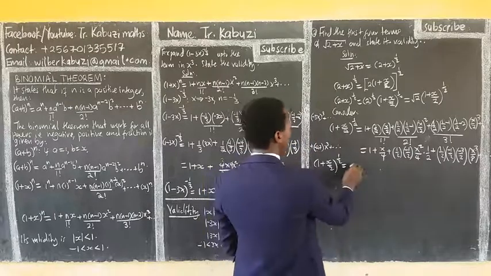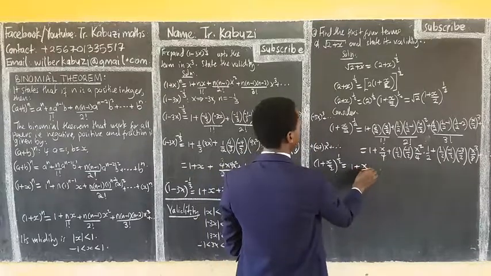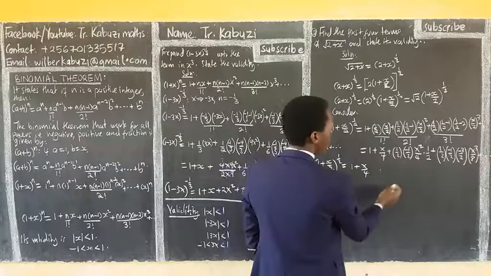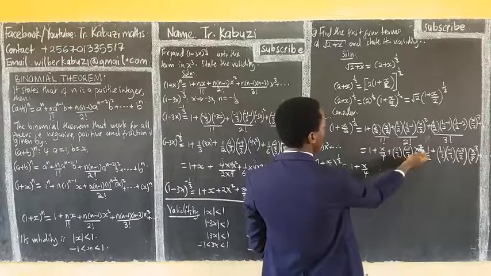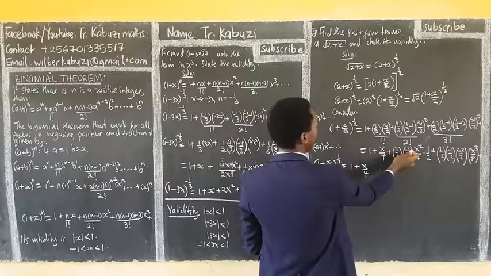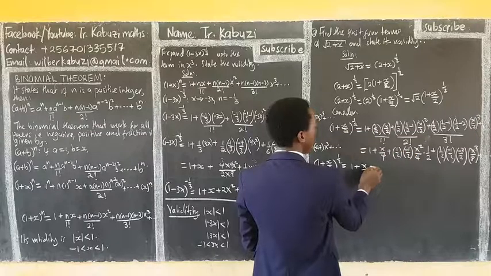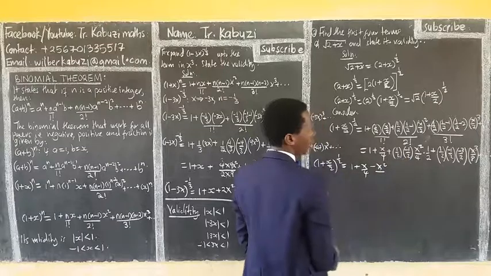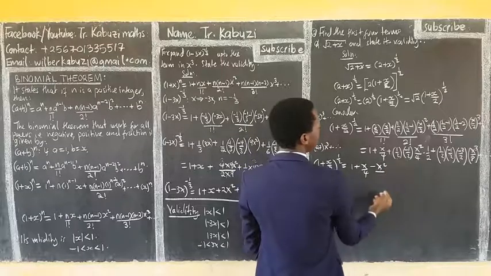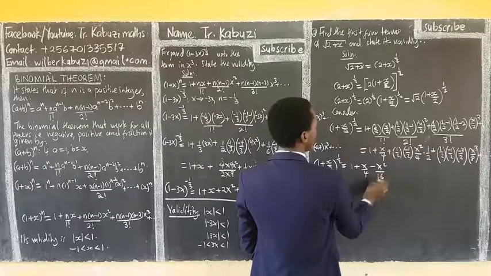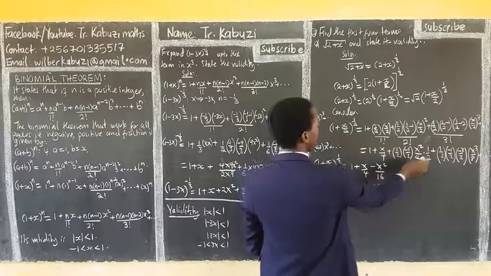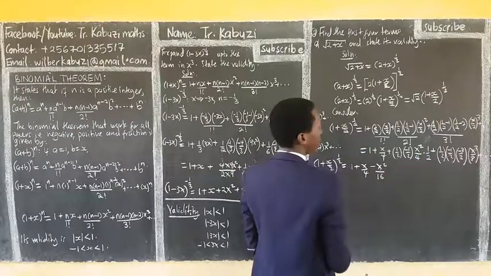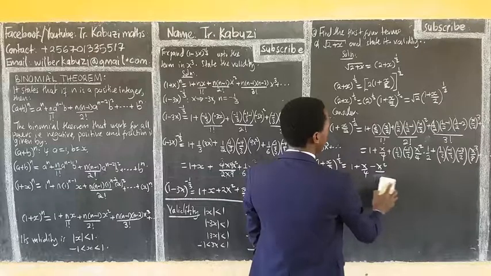So we have now 1 plus x over 4. Now, you see minus, minus, minus. So positive times a negative, you get a negative, so we have minus x squared over 4 times 4, because this is 2 times 2 is 4, times 4, we get 16. Then times this half, which is going to give us the 32.